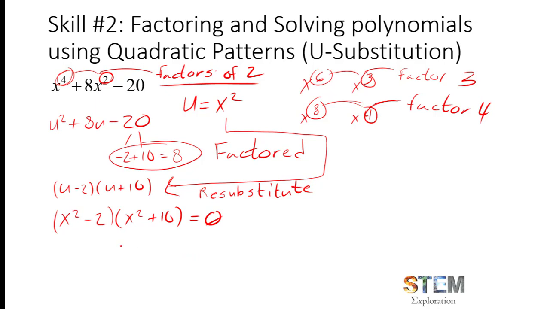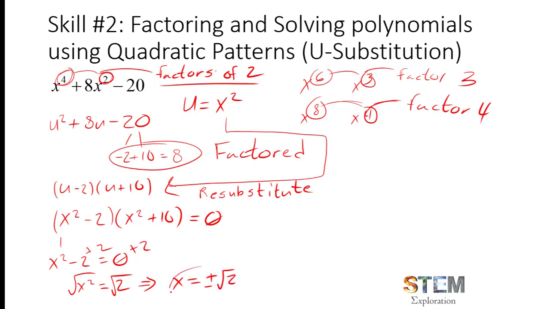We can split this apart and say, x squared minus 2 equals 0. Then x squared equals 2 if we add 2 to both sides, and we can take the square root of both sides and say that x has solutions of plus or minus the square root of 2.